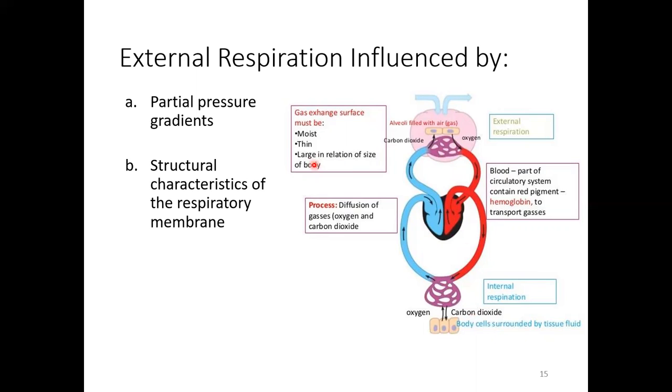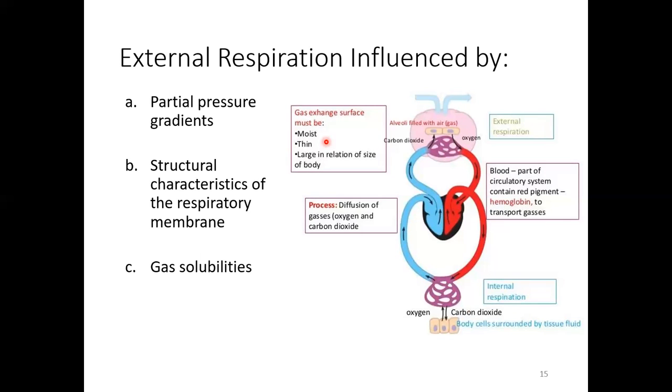Also, this respiratory membrane must be covered with water, with mucus. As I've said before, in order for external respiration to occur, oxygen and CO2 have to be able to dissolve in that water, in that moisture. So respiratory membranes must remain moist, and there has to be a huge surface area. Relative to the size of the body, our respiratory membrane surface area is just massive.